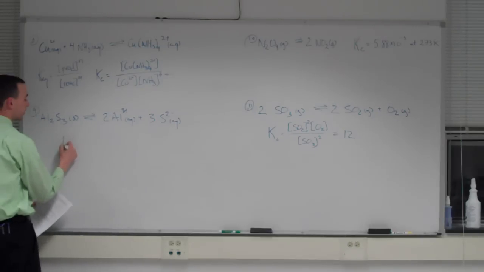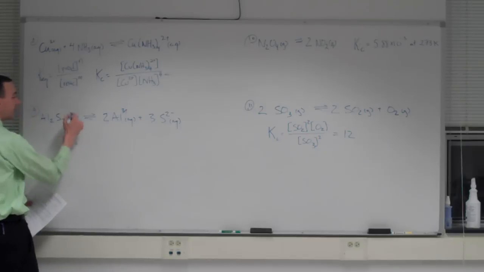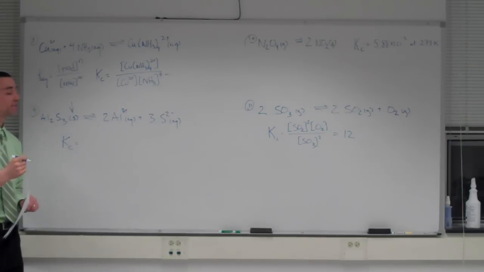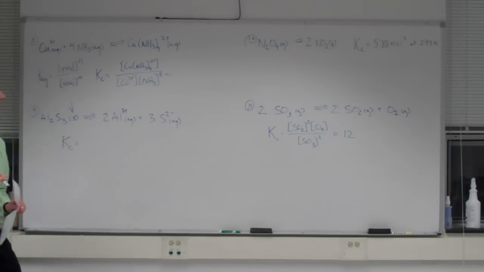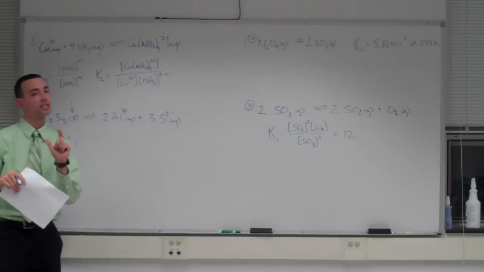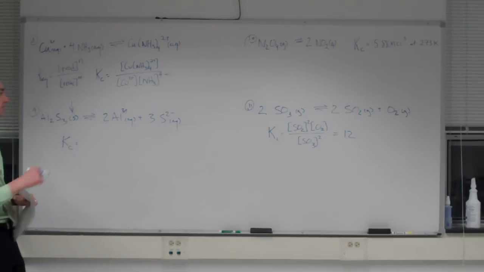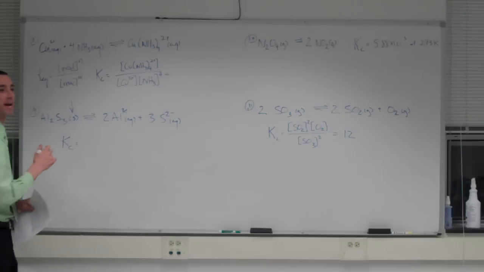We have a second reaction in number 9. Not much different going on here, except that we have a solid as part of this reaction. And we exclude solids and liquids, if we have them, from our equilibrium constant expressions. That's done because those 2 phases do not change their concentrations during the course of a reaction.